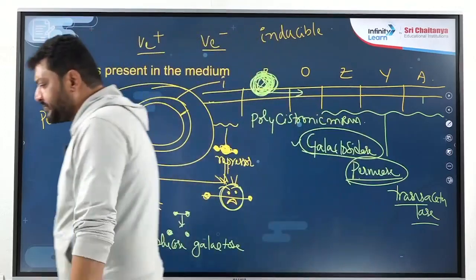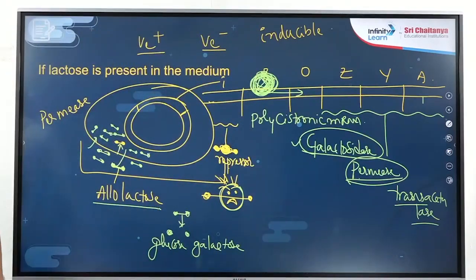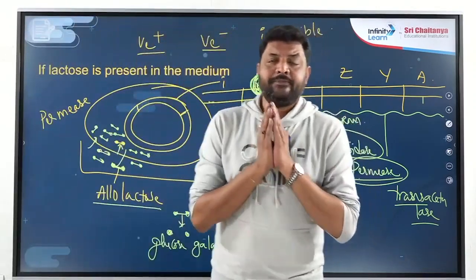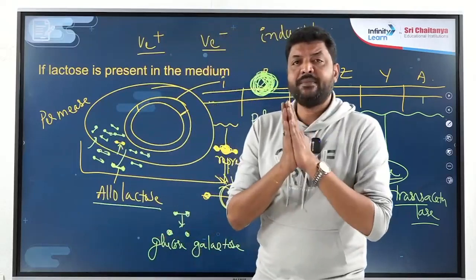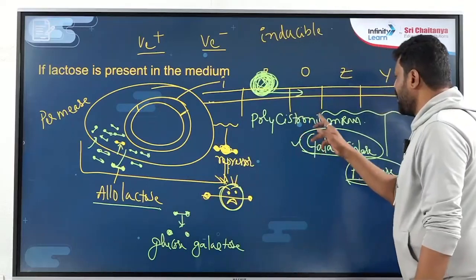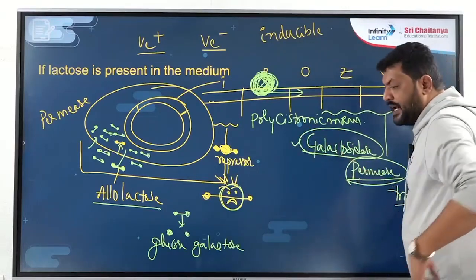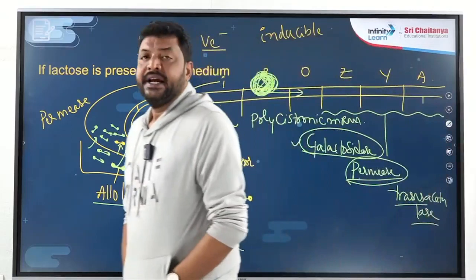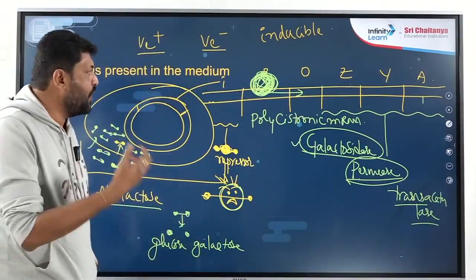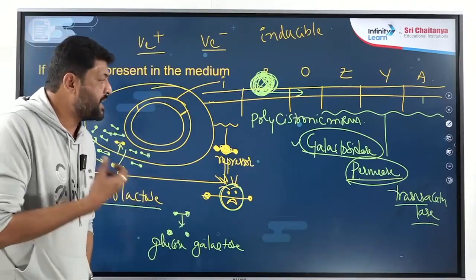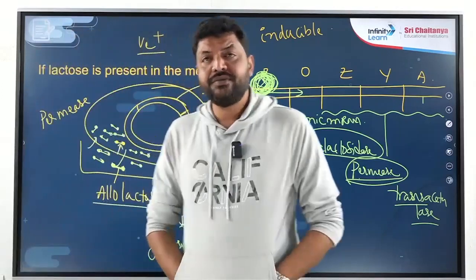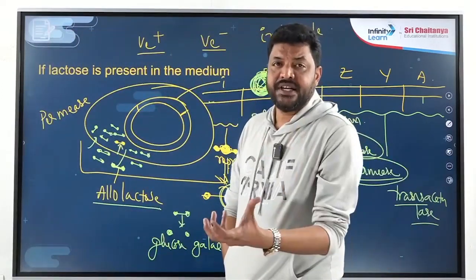What questions can be asked here? Lac operon produces polycistronic mRNA. Assertion, reason: one mRNA produces more than one polypeptide, that is called polycistronic mRNA. Was it clear? Second question: which of the following genes are constitutively expressed, meaning continuously expressed?